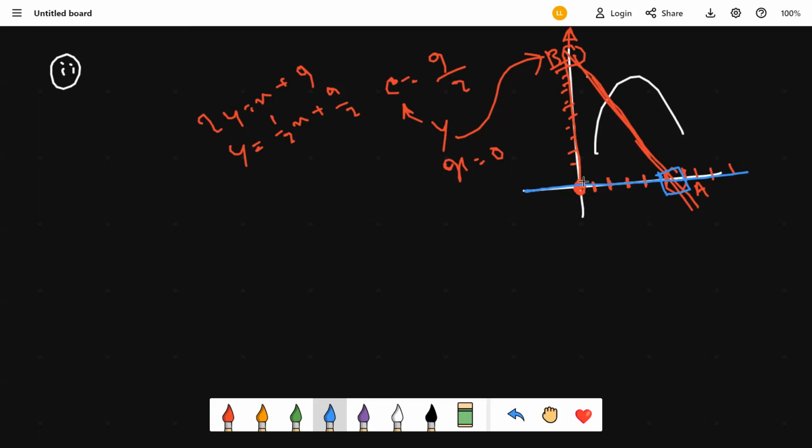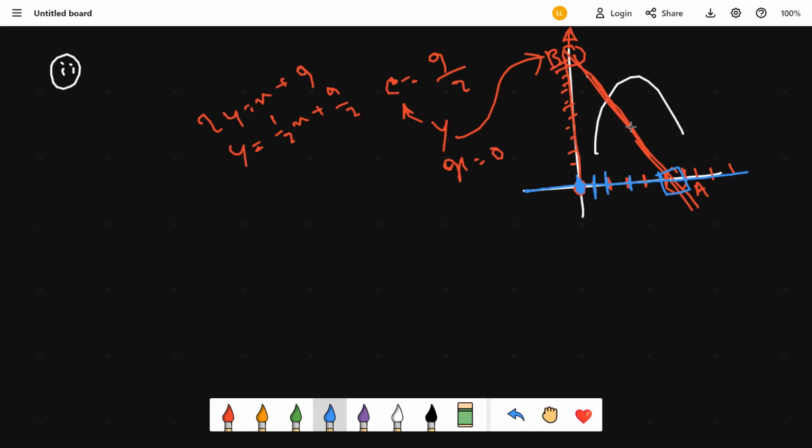Yes, obviously we know, because the y-axis lies at which position of x? If these are the positions of x, 1, 2, 3, 4, then at which value of x does the y-axis lie? Obviously at 0, isn't it? It is observable that at x equals 0, the y-axis lies.